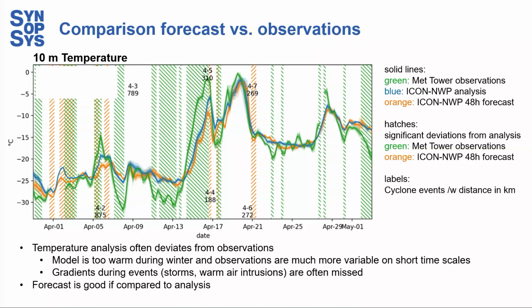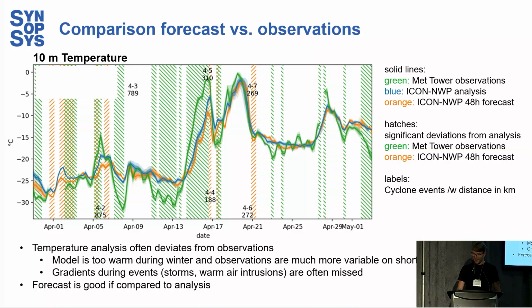In these black labels inside, which I think you can read, are cyclone events, and the lower row, mostly 3 digits, is the distance to the Polarstern. So this is basically one of these approaches to see if during times when cyclones were close by, we have a worse forecast. And these hatchings then indicate the basically interesting stuff.